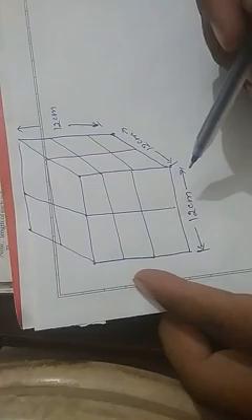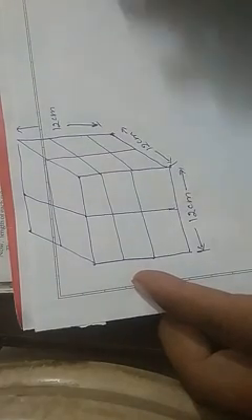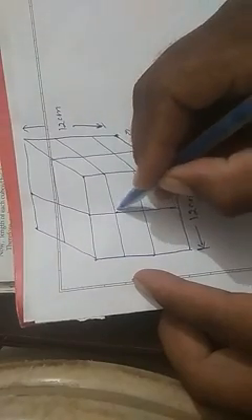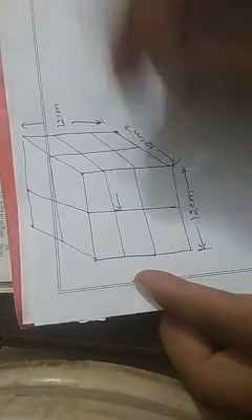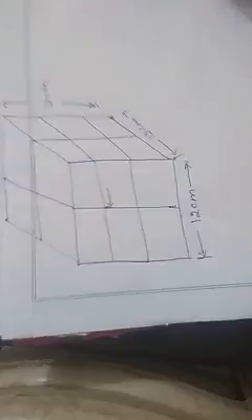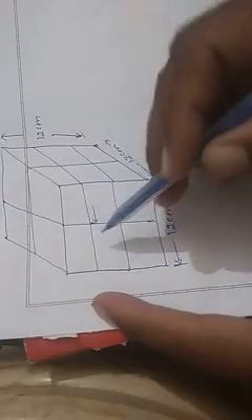Then this cube is divided into parts. Now here we have to find the side of the smaller cube. We have to divide this into 8 parts.